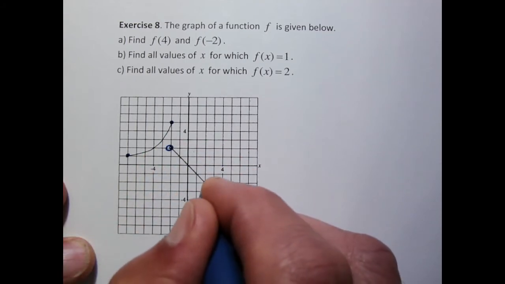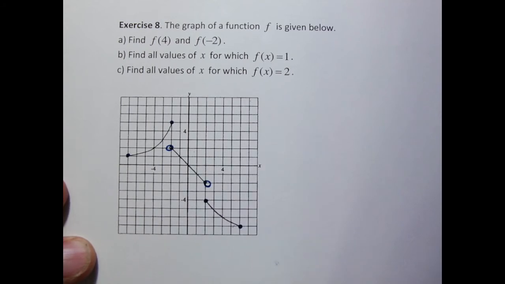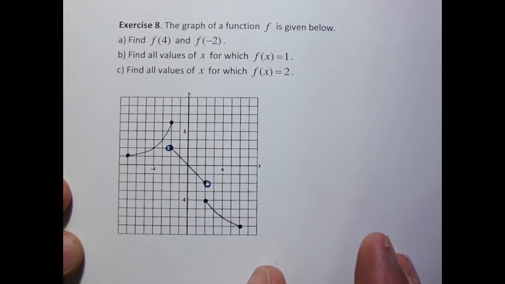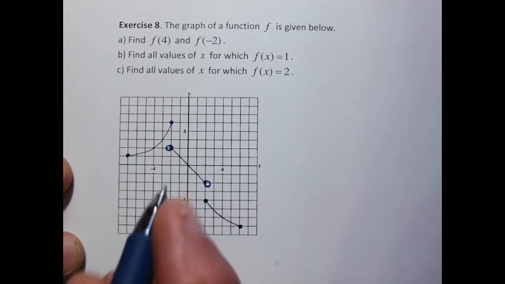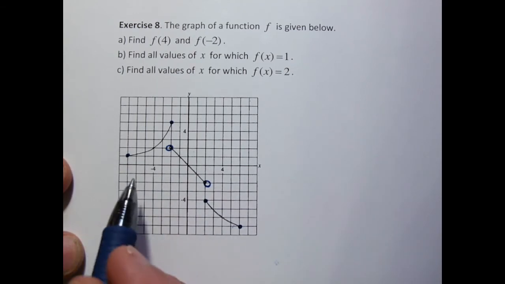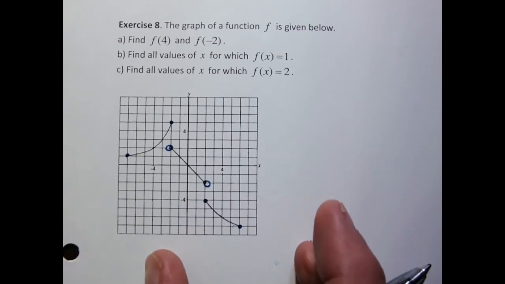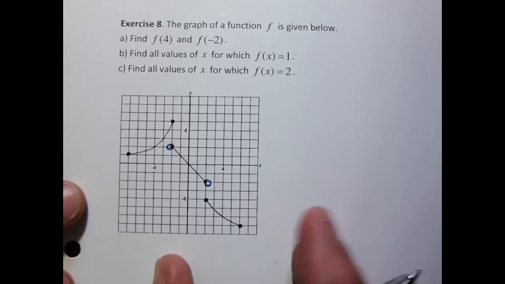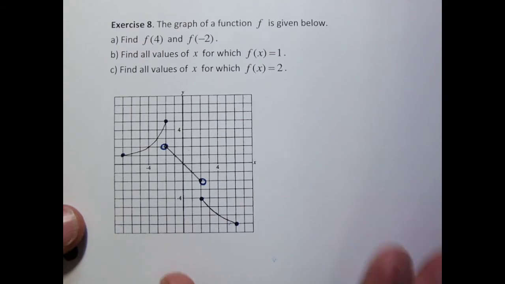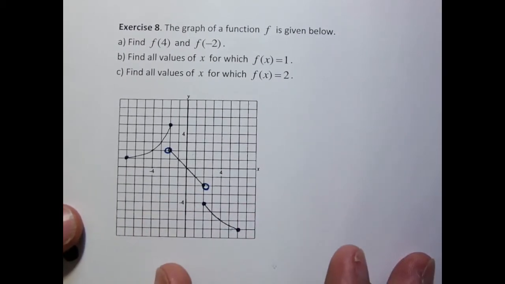That's an open circle, and that's an open circle on that line segment. I'm sorry that that doesn't show up better. And we just got to remember that closed circles are included, points included on a graph. Open circles are not actually points on the graph. So let's go ahead and do this one now. It's a similar kind of thing. We're just looking at a slightly screwier looking graph here.